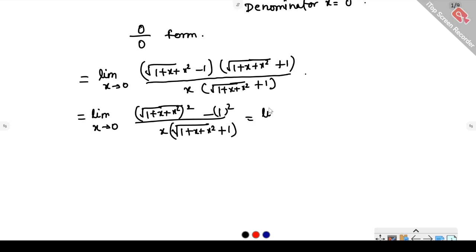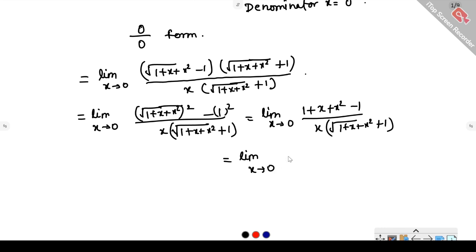So this is equal to limit x tends to 0 of 1 plus x square minus 1 over x times under root 1 plus x square plus 1. Now the 1 and 1 get cancelled, and we can take x as a common factor. So the numerator is x times x, and the denominator is x times under root 1 plus x square plus 1. So this x and x get cancelled.